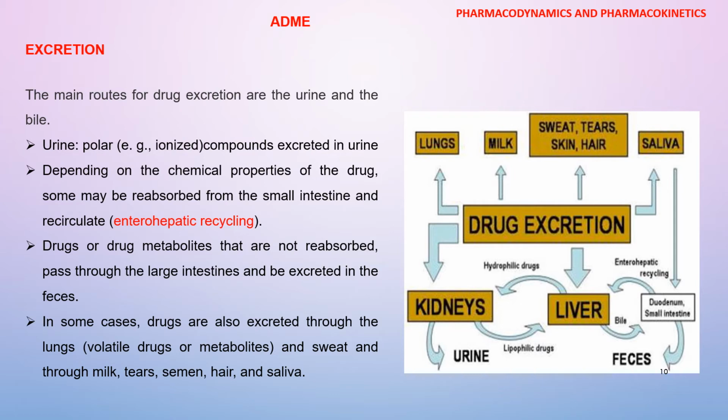Other than that, there are some other forms of excretion, that is through lungs, milk, saliva, hair, semen, tears. The figure adjacent shows the different ways of excretion of drug products.